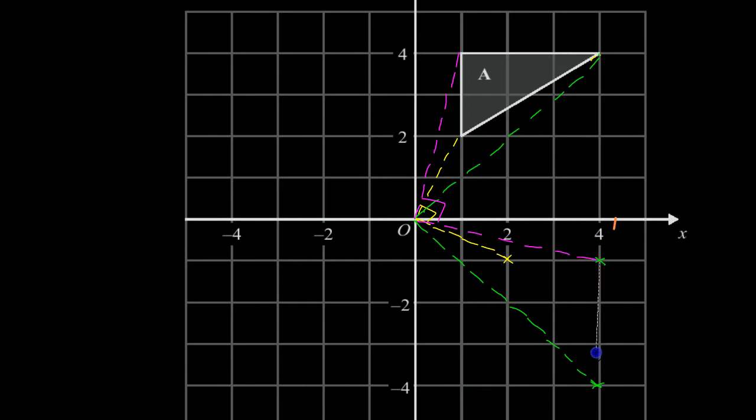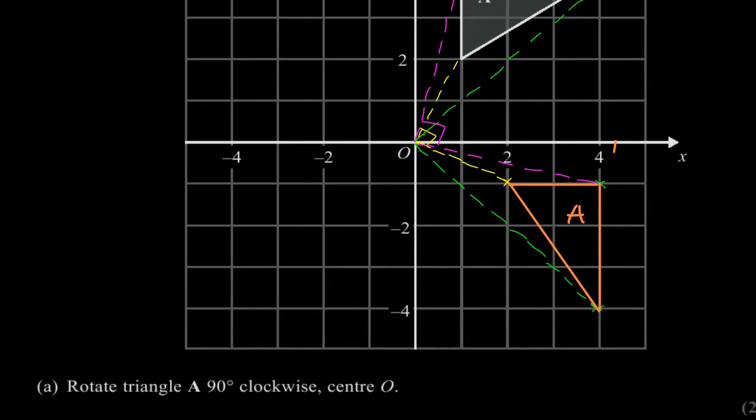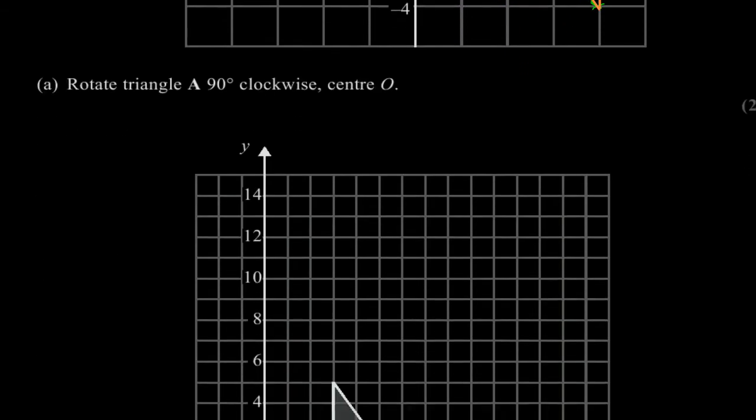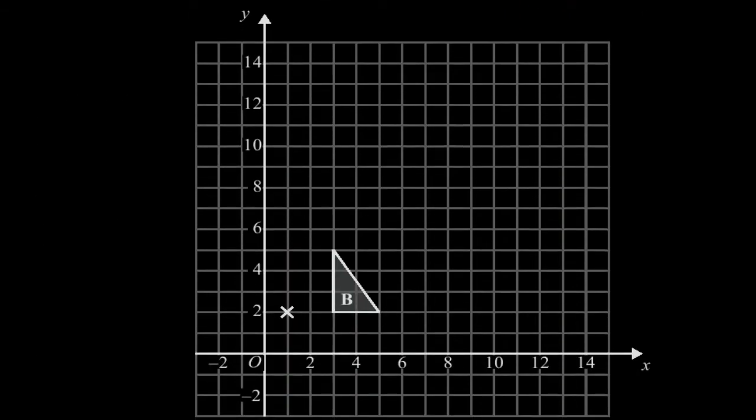So there to there, and then back up to there, and then along to there's the triangle in question, isn't it? There's the triangle A, so let's mark it as triangle A. So we've rotated it by 90 degrees, haven't we? Okay, so clockwise, center O.